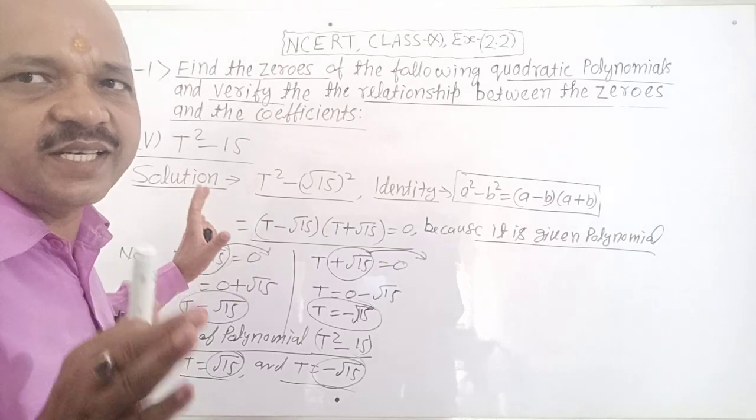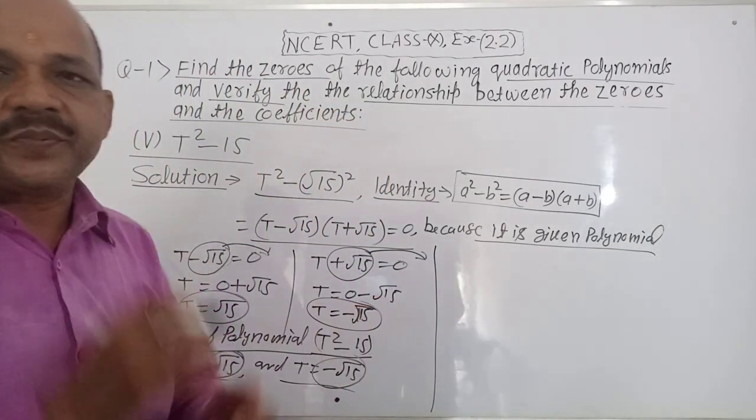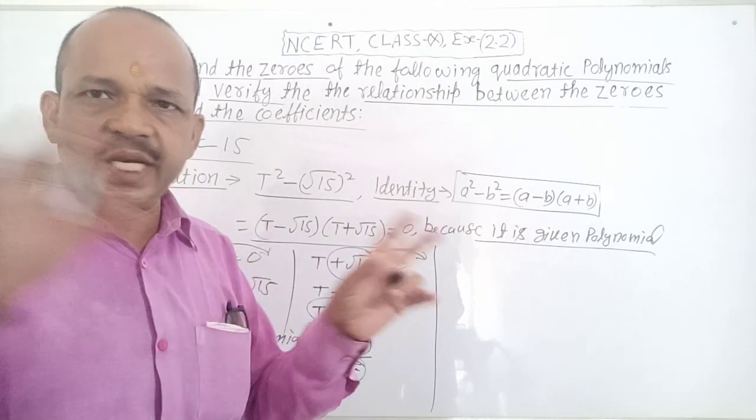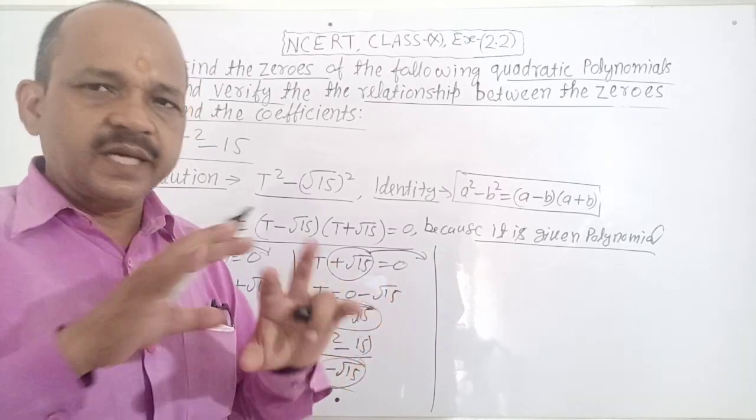It is very easy. Now I want to describe relationship between zeros and coefficients. It is clear? Relationship between zeros and coefficients. Clear?